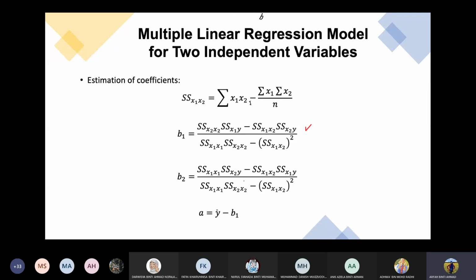Okay. So A akan sama dengan Y bar minus B1 X1 bar minus B2 X2 bar. Maksudnya Y bar is the mean bagi Y, tolak B1 darab mean bagi X1, tolak B2 mean bagi X2.